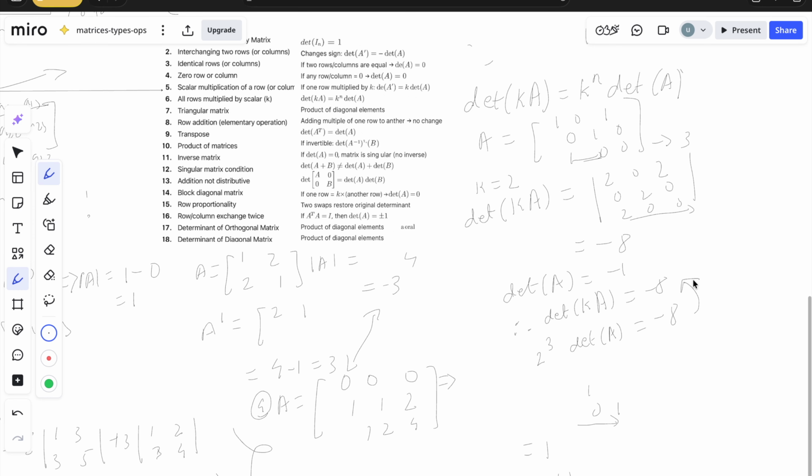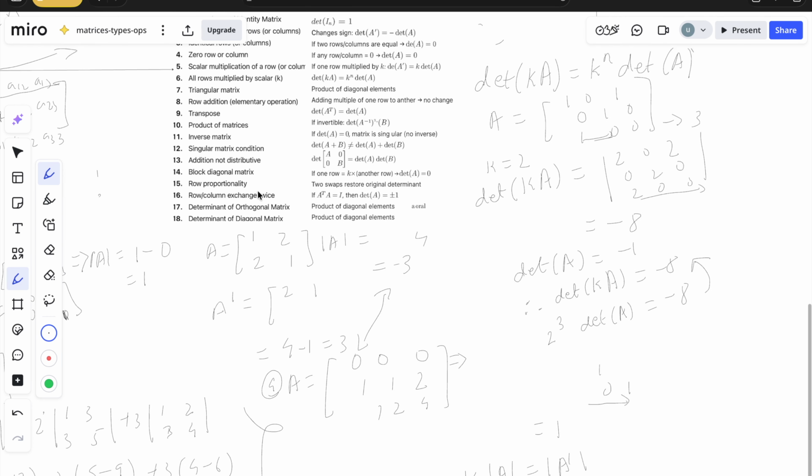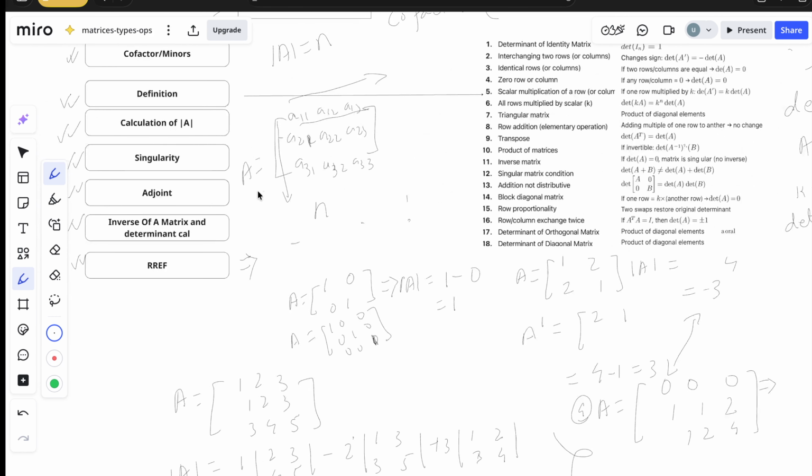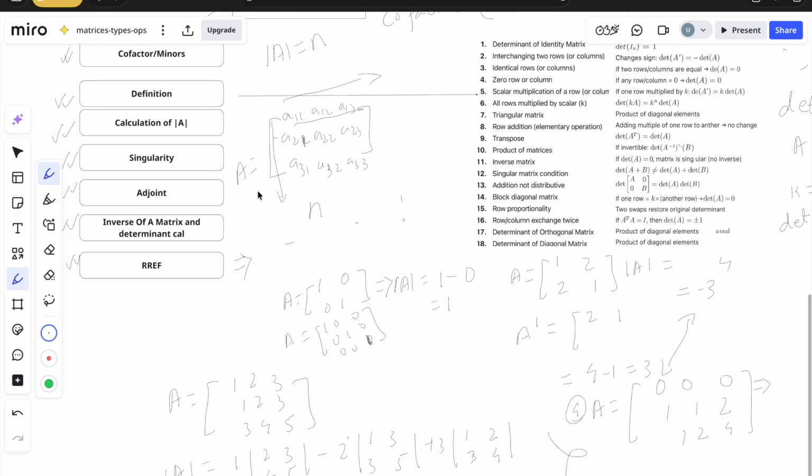So property 6 also holds good. I would again request you guys to go through the rest of the properties here and let me know in the comments which works, which does not work, and we can try and solve those properties. Now we will move to the part of adjoint calculation.